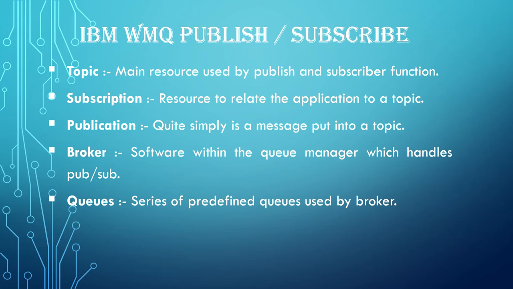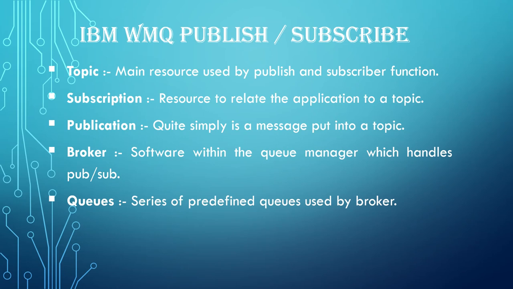It is really up to the development of the application. What is a subscription? It is something predefined but it can also be done dynamically from an application program. It is a resource to relate the application to a topic. Now publication. A publication is quite simply a message put to a topic.